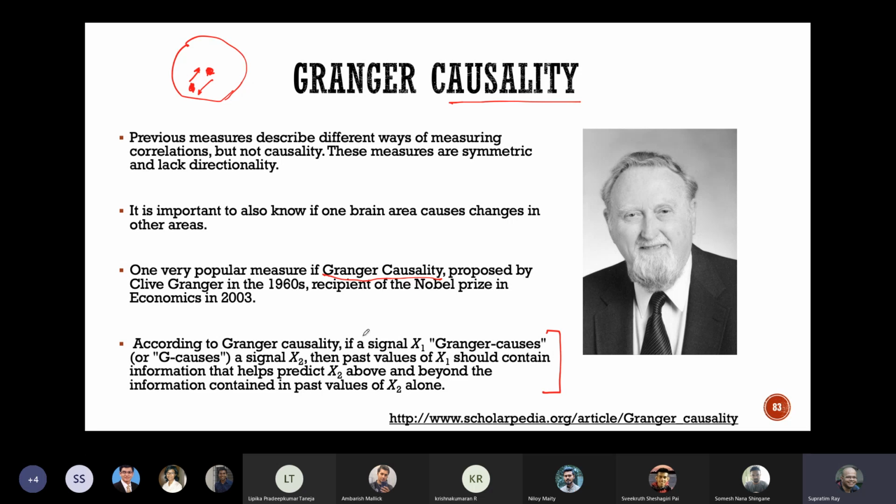But the main idea is simply this, that if I have two signals, x1 and x2, and I am trying to predict x1 based on its own past values. Okay, so I'm going to predict what x1 is going to be based on what x1 was at some previous time.